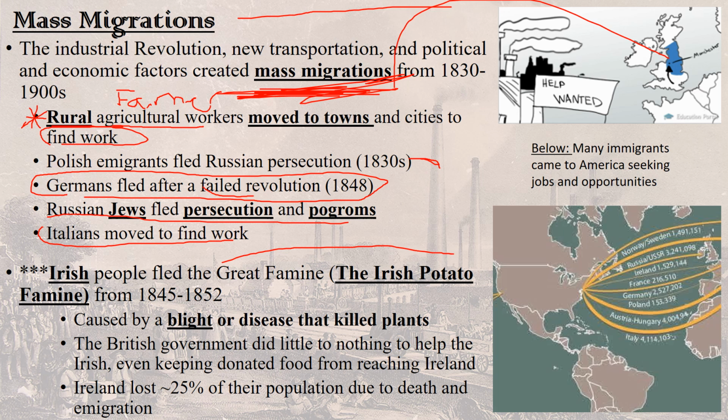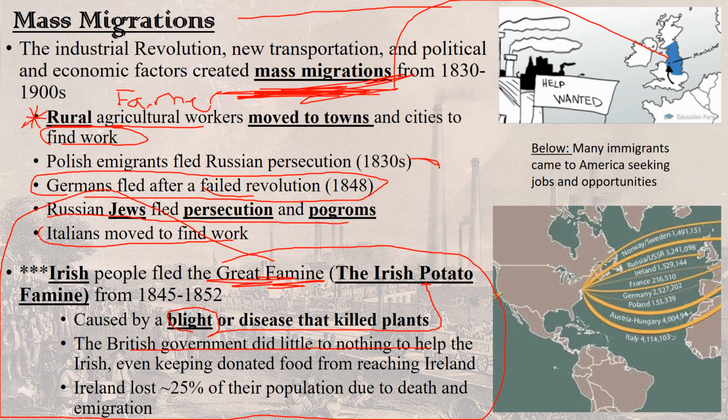Irish people, which we're going to go into much greater depth, they're going to flee the Great Famine, one of those few famines that do exist in Europe. But again, there are extenuating circumstances here. The Irish potato famine was caused by a blight, a disease that killed the potatoes, literally rotted them in the ground. The British government did literally nothing to help the Irish, and even tried to prevent donated food from reaching Ireland because they were terrible.